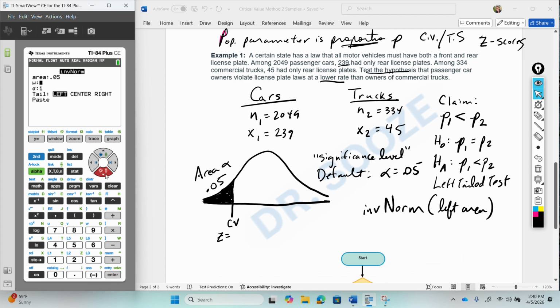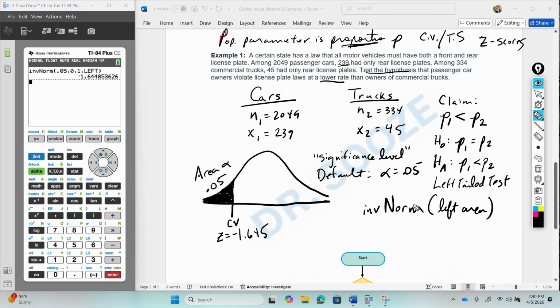I'm in a standard normal distribution, and then we click enter. If I take that to 3 places, I have minus 1.645.